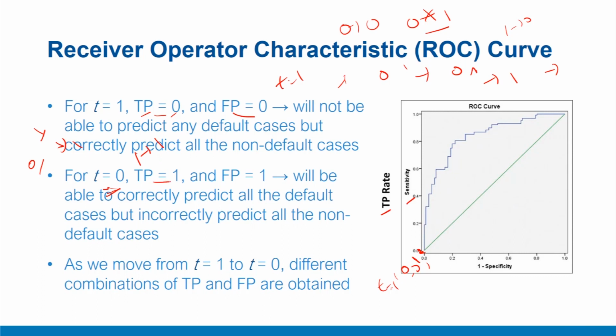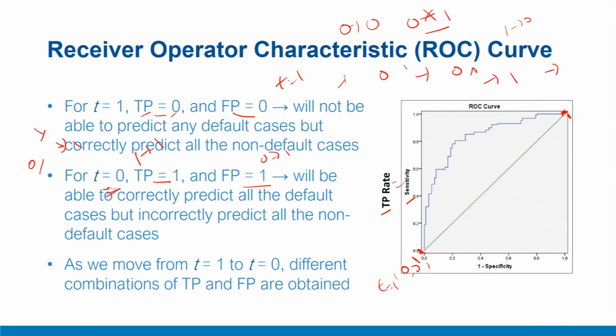So our true positive rate is 1, our sensitivity is 1, true positive rate and sensitivity are the same, so we are standing here. But at the same time our zeros are also getting classified as ones. That means the false positive rate is also 1. All the zeros are classified as 1, so our false positive rate is also 1, so we have these coordinates. Again, this is irrespective of the model. Whatever model you choose, for t equal to 0, this point will always be 1, 1.